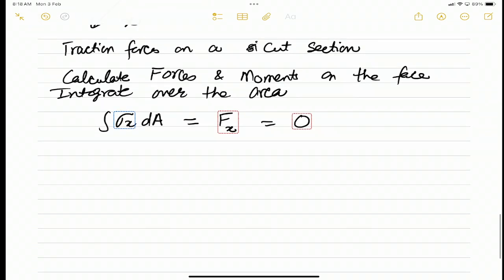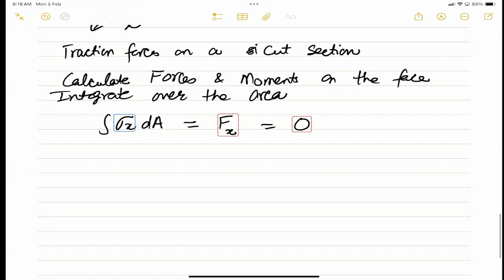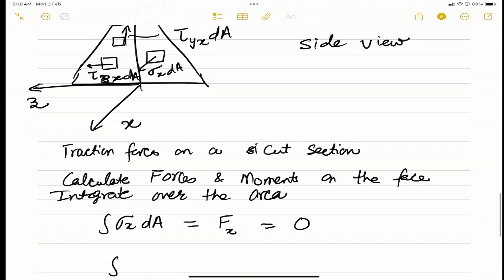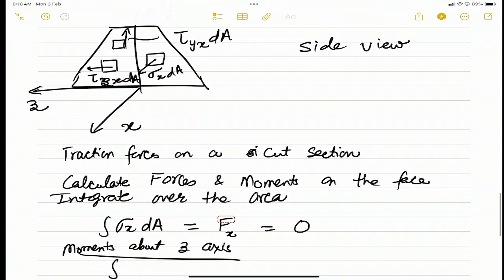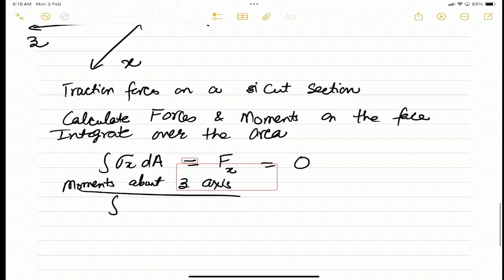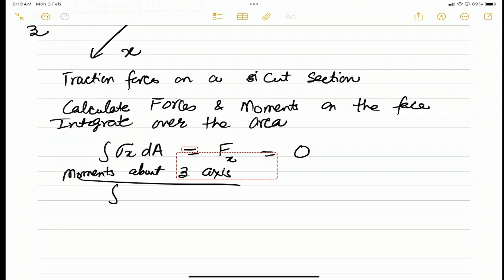Okay. Then if I calculate the moments about the z axis, I'll come to this argument a bit later, but I will show that by geometrical arguments tau xy and tau xz will be 0.